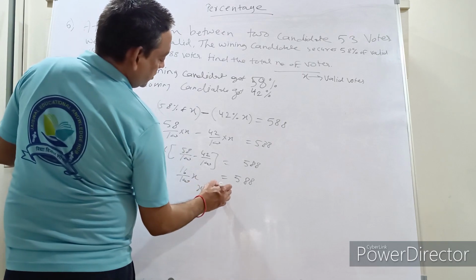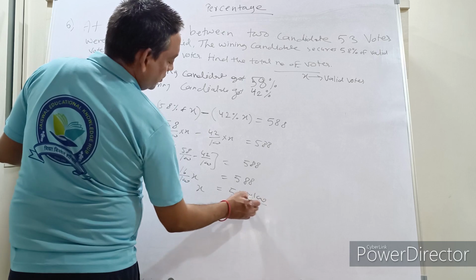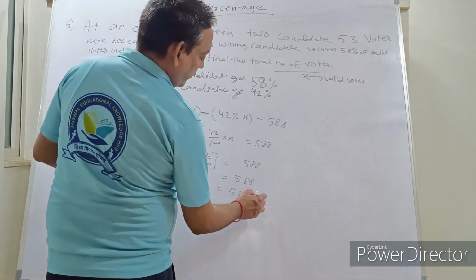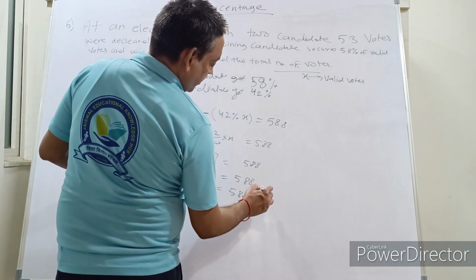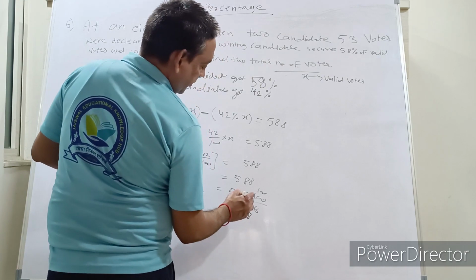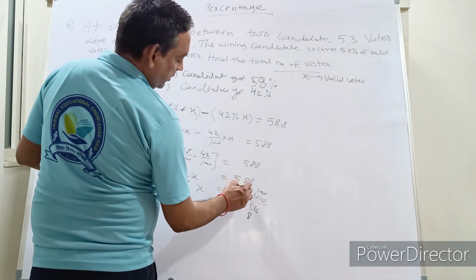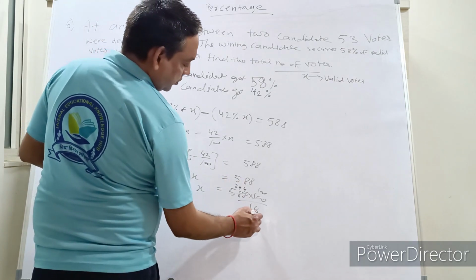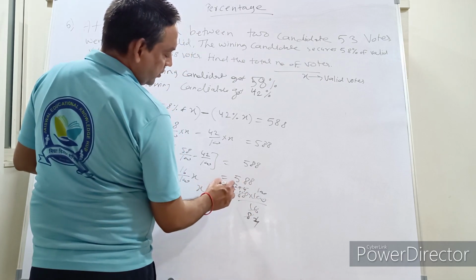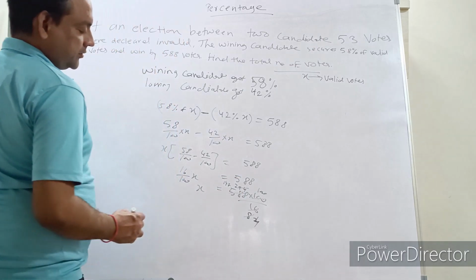So X is equal to 588 into 100 over 16. Okay, keep the 100 as it is. 4 times 8, like 2 times 8 is 16, and this becomes 2 and 4, again divide by 2, so this is 4, and this becomes 147.